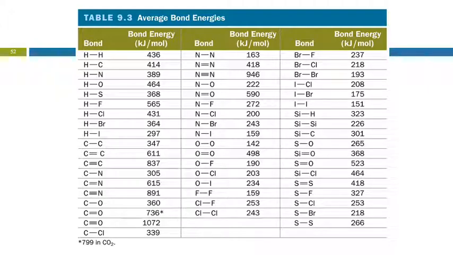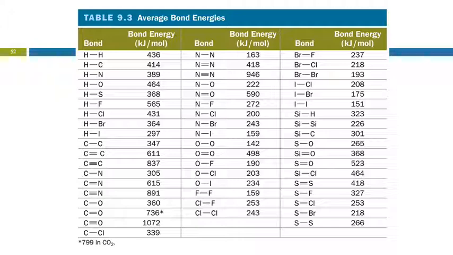So there's some hydrogen-carbon bonds, and the bond energy for that is 414. And we had a hydrogen-oxygen single bond, and that was 464. And we had a carbon-oxygen single bond, and that one was 360.